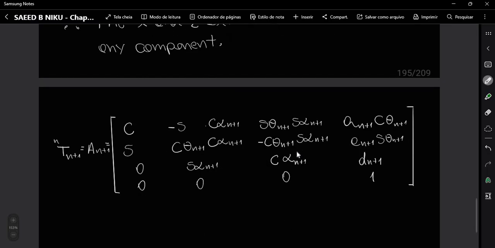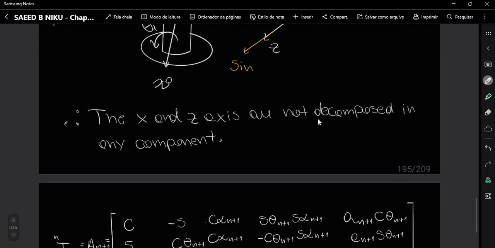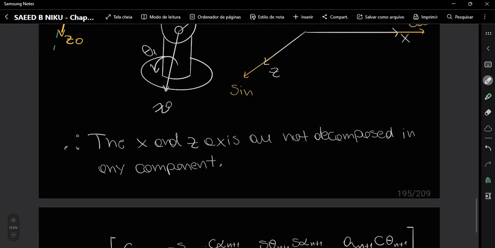Okay, and with that being said, we know that cosine of 0 is equal 1 and sine of 0 is equal 0.